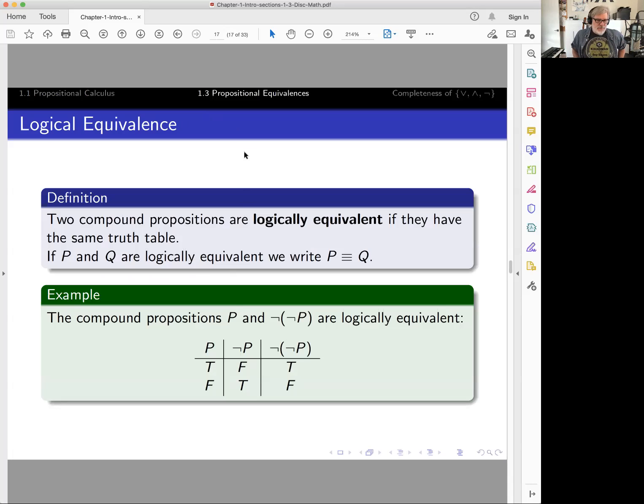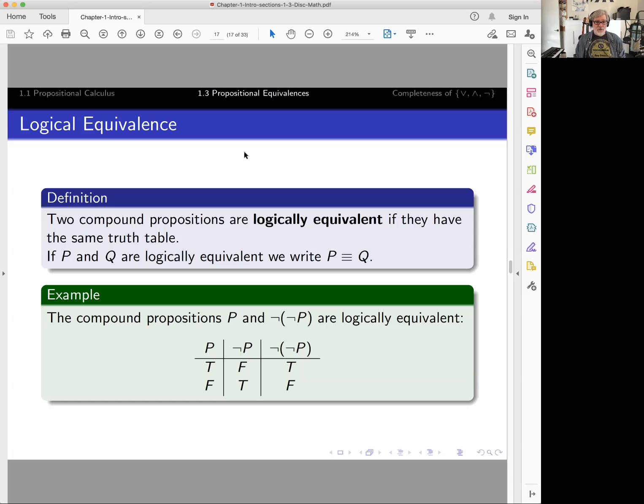Okay. 1.3, propositional equivalence. Basically I'm going to give you a couple of definitions, and verifying these definitions is easy. You will see there's a very simple algorithm, not efficient, but for small propositions, that's fine, to verify the definitions. And then I'll tell you about the completeness, when I said earlier that the three basic connectives can generate everything. It has to do with this logical equivalence.